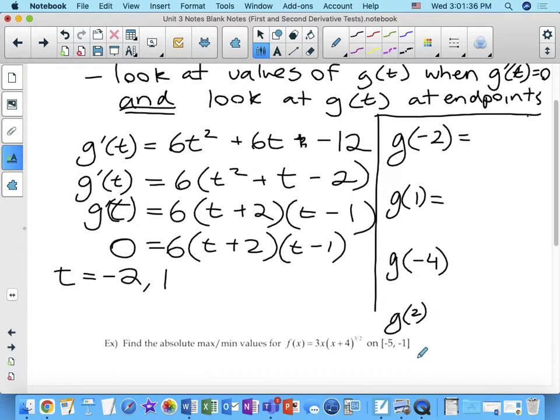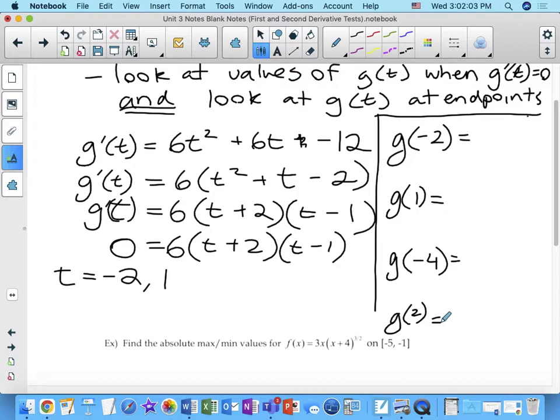Now, one thing I should mention is that if you happen to get a value of t where the derivative is 0, that's not within the interval that you're looking at, then you don't want to test that. So for example, if one of these t values was 10, that's not in the interval that we're examining right now.